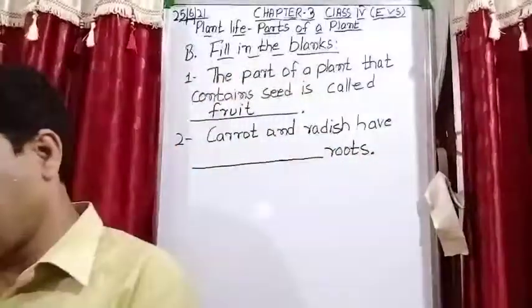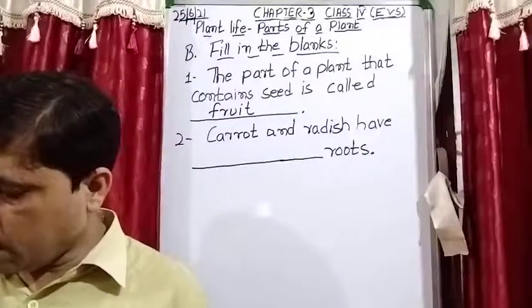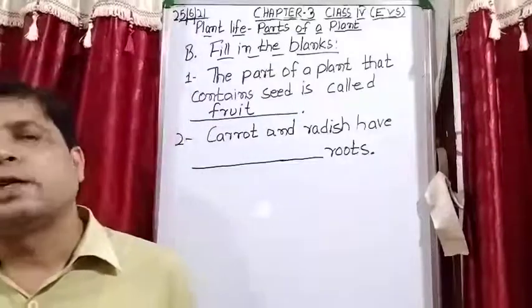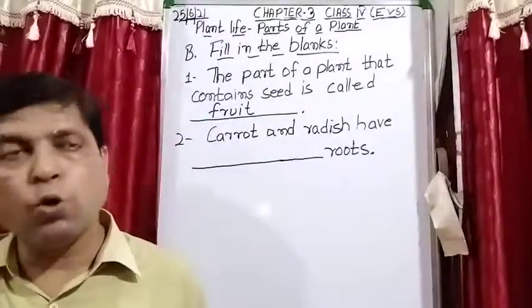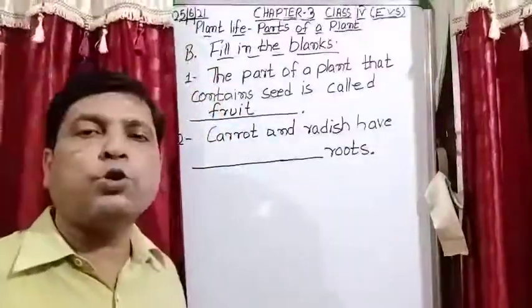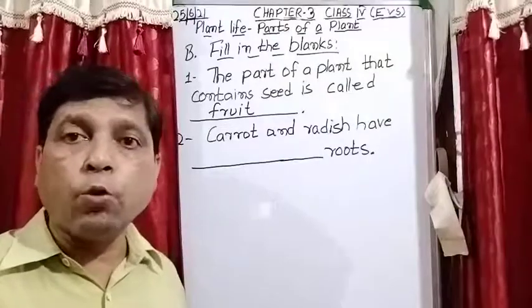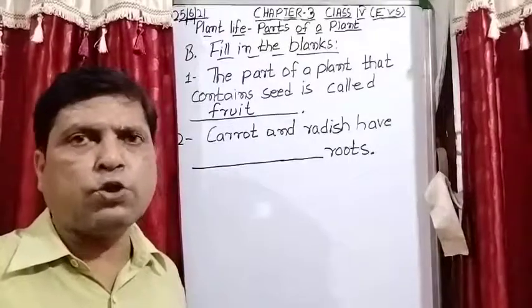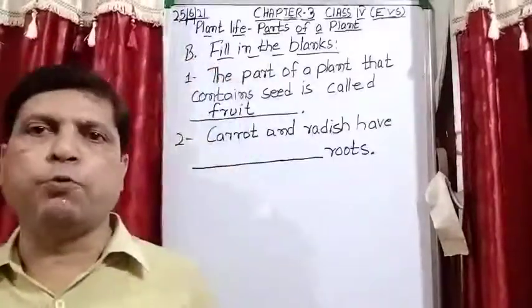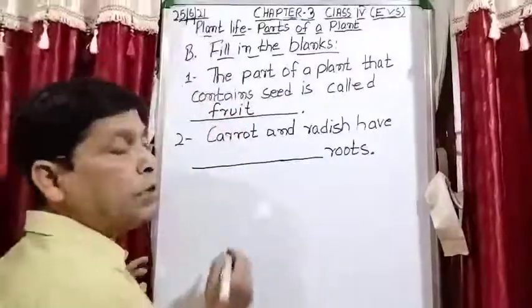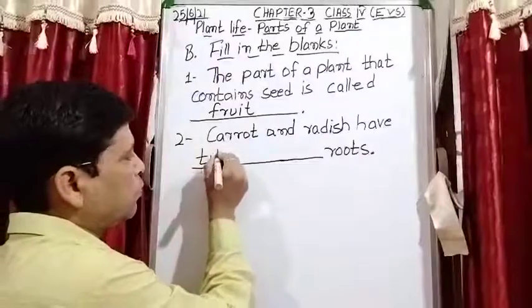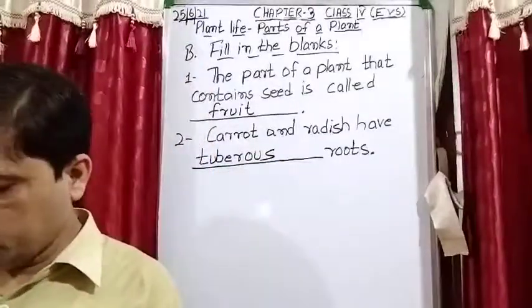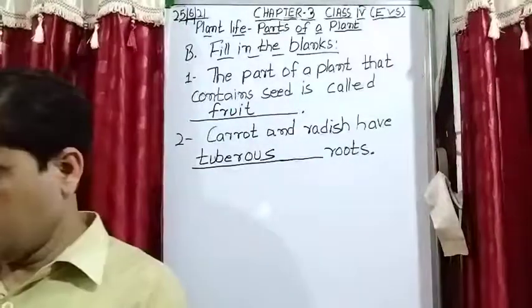When I explained to you the functions of roots, and the special roots, I told you that some plants store food in them. Some plants are special plants that store food in their roots. So such types of roots are known as tuberous roots.